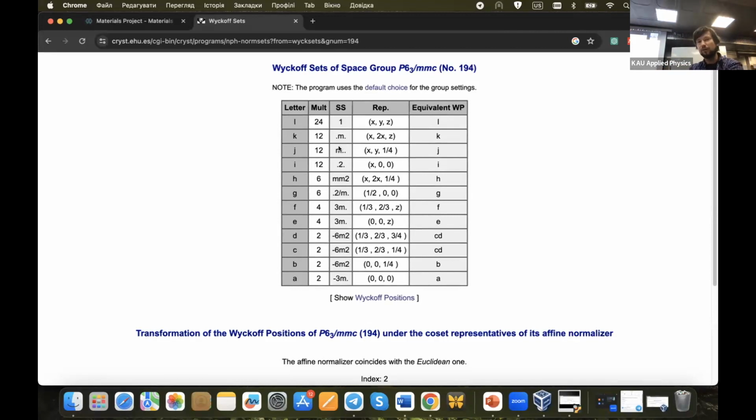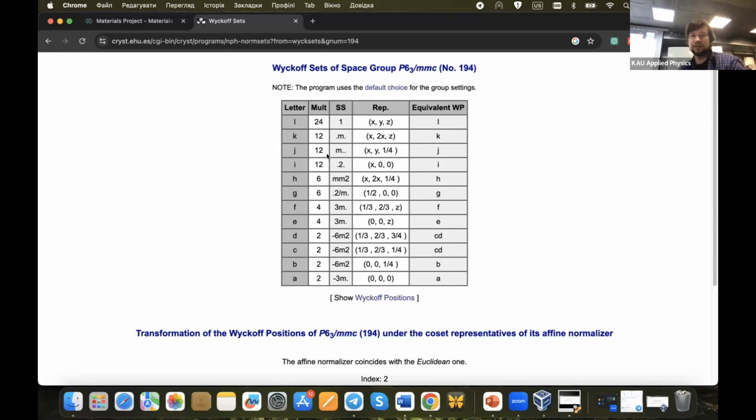That's the beauty of this mathematics. It came from pure mathematics, from group theory, and in nature, in reality, atoms can be placed only in these positions in non-amorphous materials if we deal with some crystal structure.